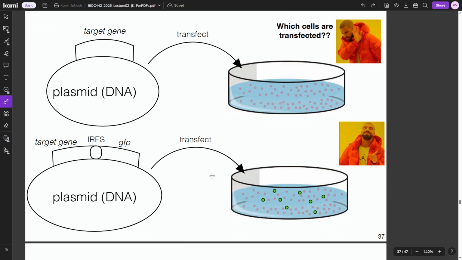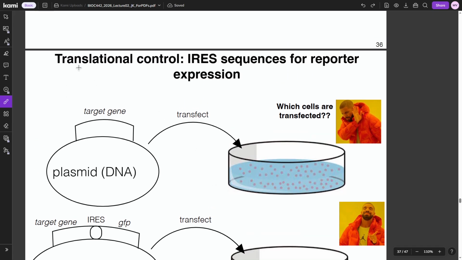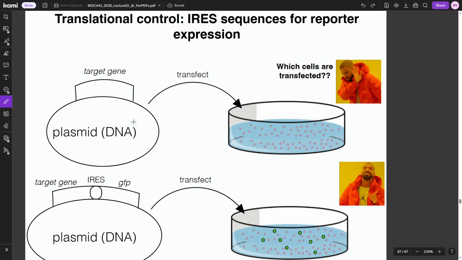So here is actually an example of that. Translational control, IRES sequence for reporter gene expression, is exactly what I just talked about. You have a target gene with a plasmid, you transfect it, and you have no idea which of these cells have this gene that you're looking for.